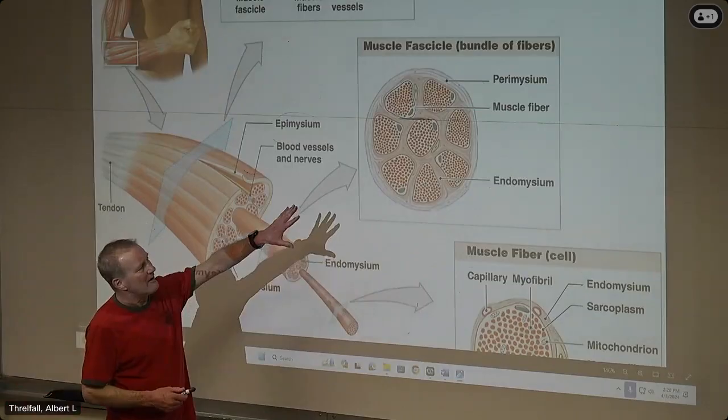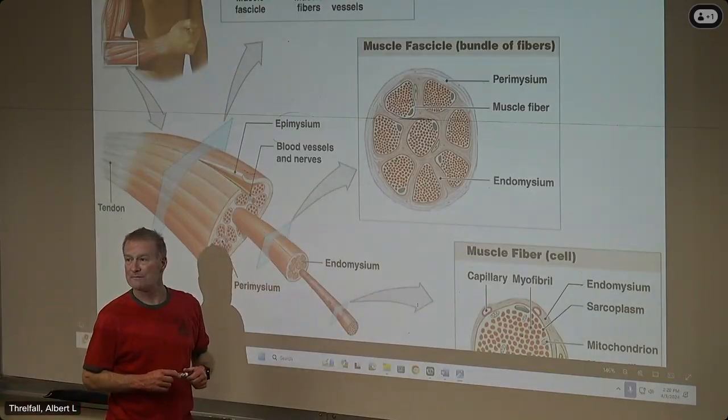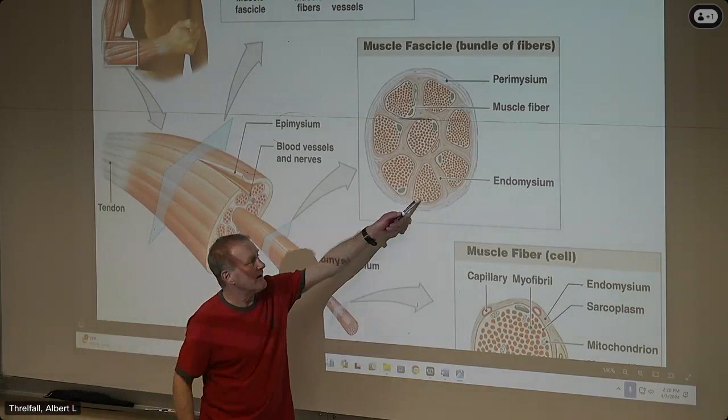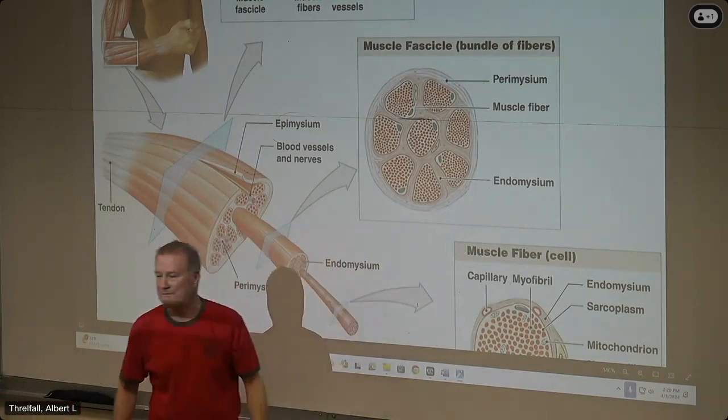Looking at one of those muscle cells, do you see subunits? You do. So we better blow up a cell. So let's take one of these cells and bring it down here and blow it up.